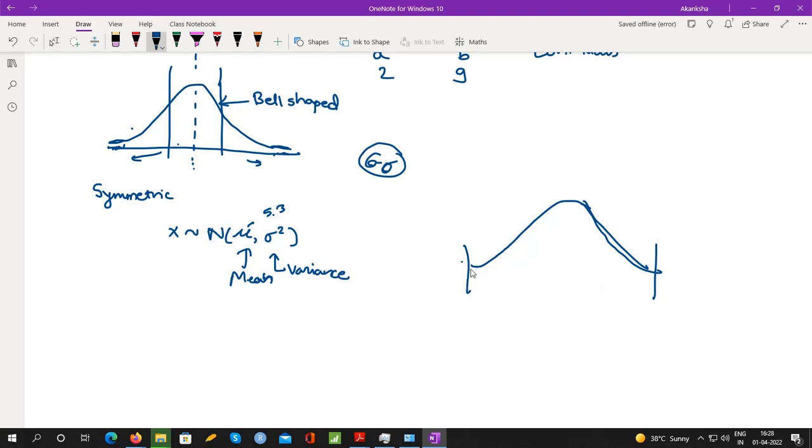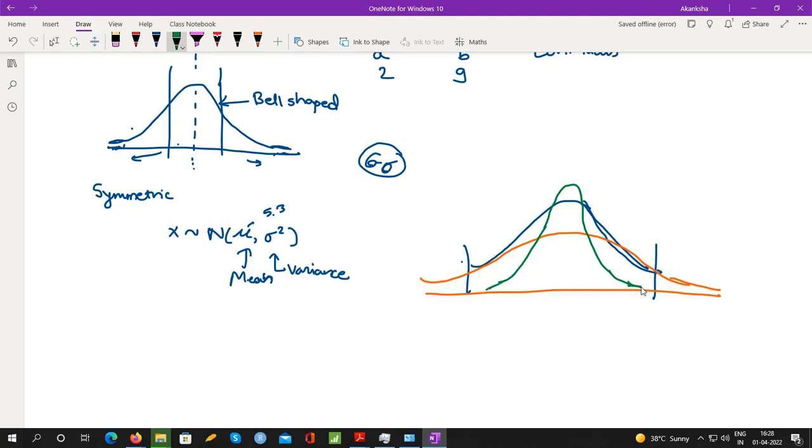If I have another normal distribution with the same mean and larger sigma, then it could look something like this, larger spread. If I have smaller sigma and the same mean, then it may look something like this, so the spread is less.